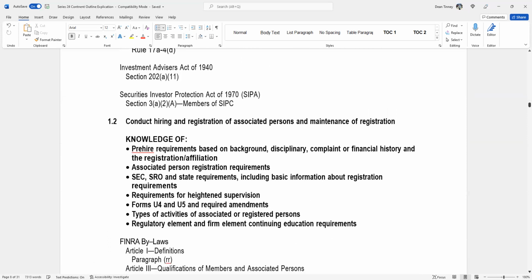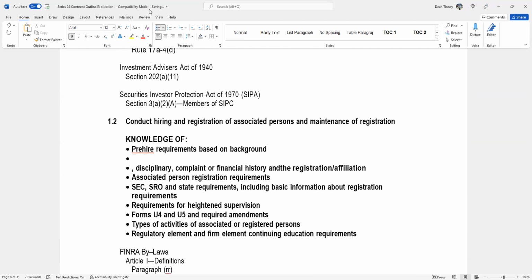All right, so: conduct hiring and registration of associated persons and maintenance of registration. On the U4, we're going to ask you a lot of questions, and we're hoping that our person can answer no to all of them. In terms of the background on the U4, that's where this stuff is disclosed.